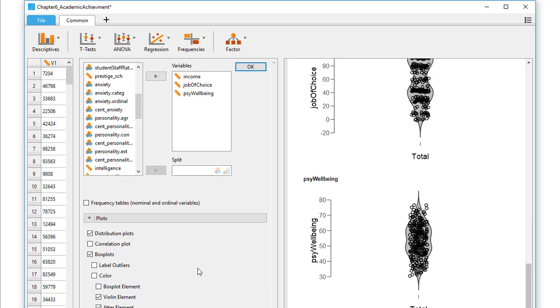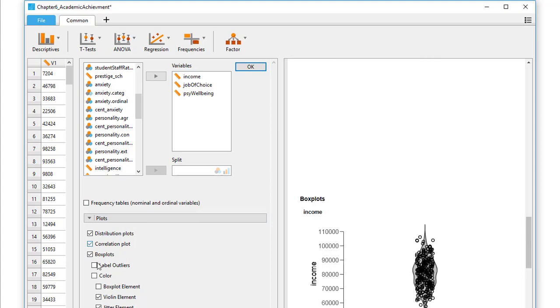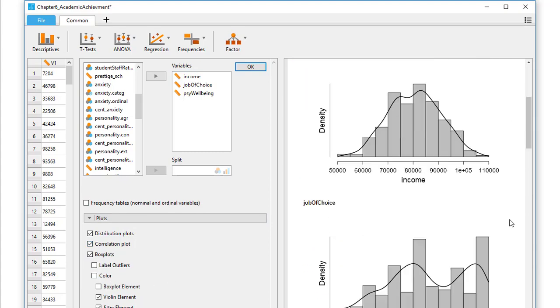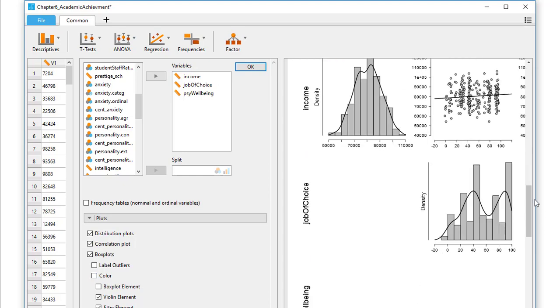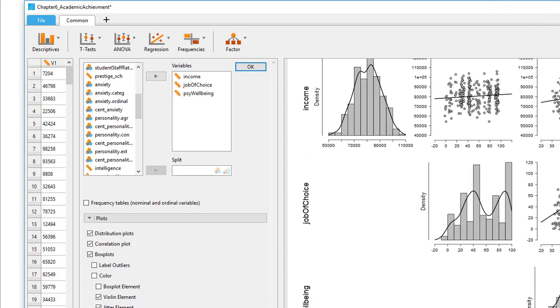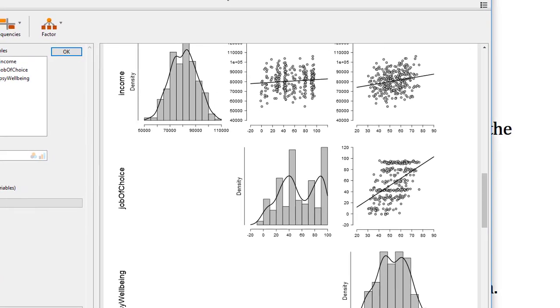Okay, so that's in terms of graphs, but we've got another graph that we can now use, which is the correlation plot. And it's a nice one because it shows, and I have to extend here, it shows the correlation plots between the three variables, and in the diagonal the distribution that I showed you before.